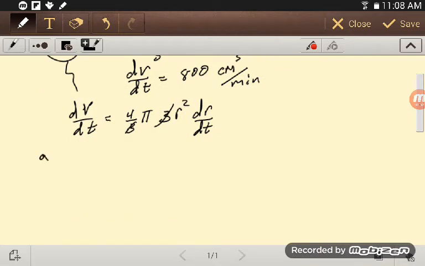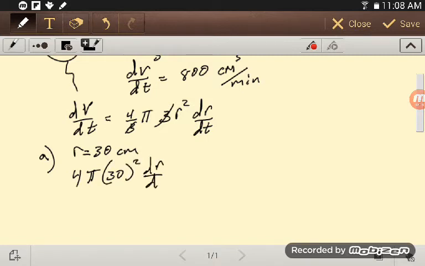And in part A, we're asked for dr/dt when r equals 30 centimeters. So I have 4 pi times 30 squared dr/dt is equal to dV/dt. But dV/dt is 800.